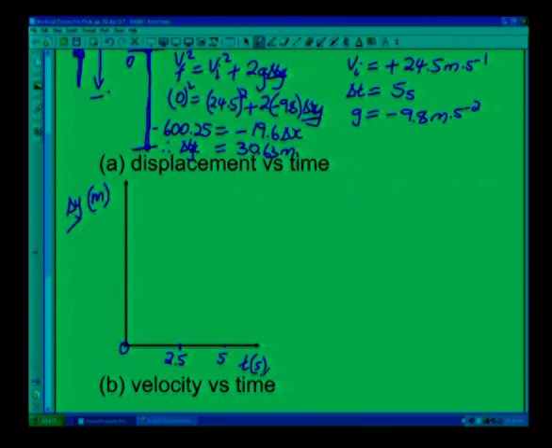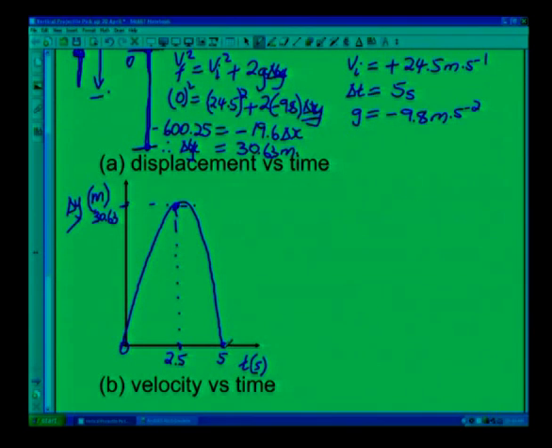Now, if your 30.63 mark is there, so this is 30.63, okay? Where these 2 points meet, that is where the object turned. That's the turning point. And when it came back, it reached the thrower's hand after 5 seconds. So your displacement time graph is that.